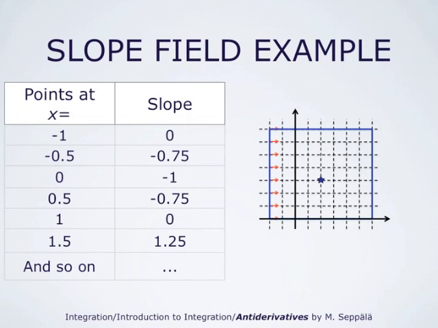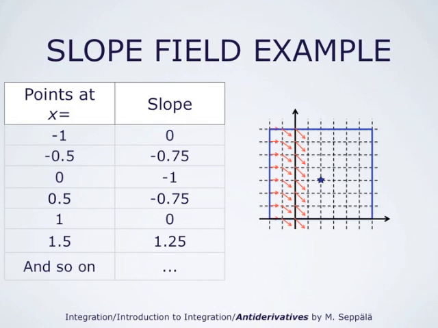For all grid points lying over x equals -0.5, we place an arrow that points down because its slopes are -0.75. If x equals 0, then the slope is even steeper, -1. Therefore, the arrows point down as indicated here in this picture.